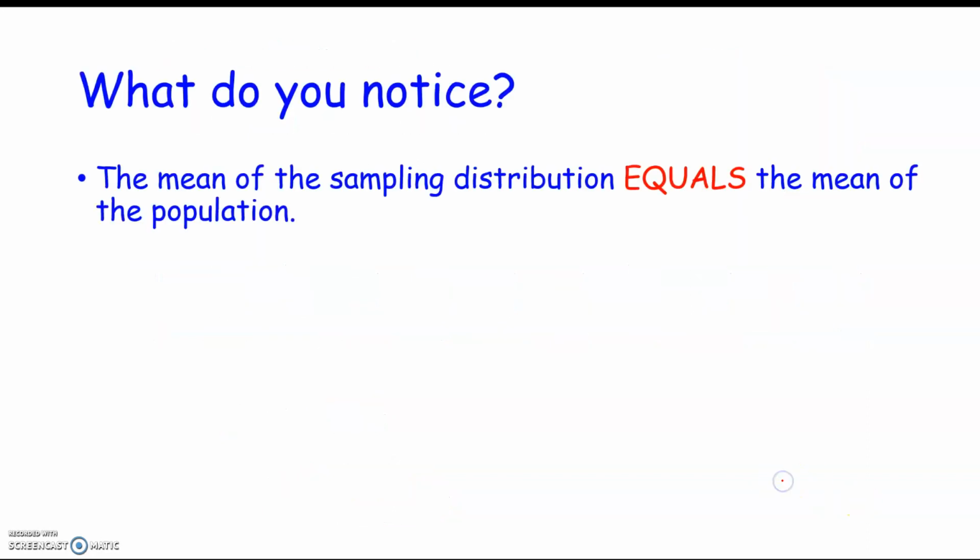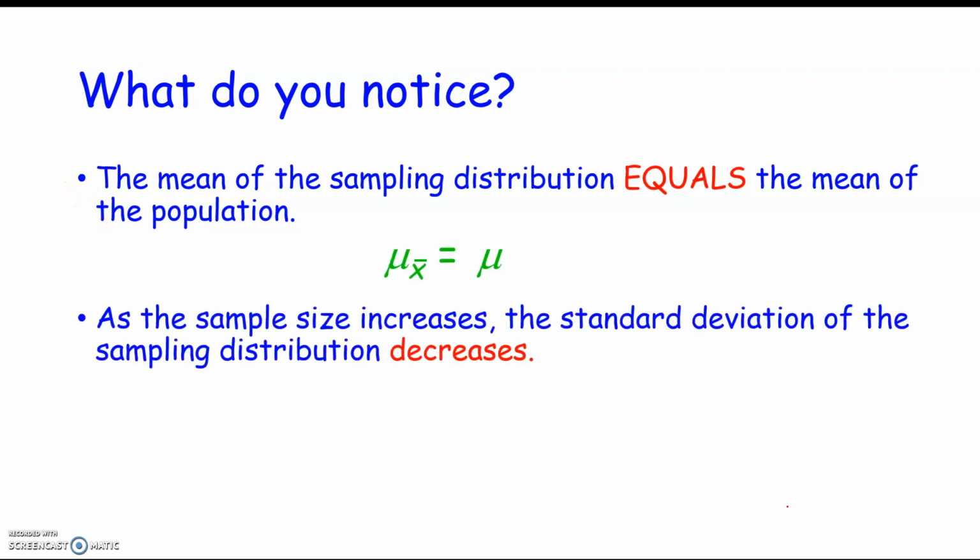So what we notice is the mean of the sampling distribution equals the mean of the population. And you should also notice that as the sample size increases, so 3, all the possibilities of 3s and so forth, the standard deviation of the sampling distribution decreases. So these are the two things that we notice.